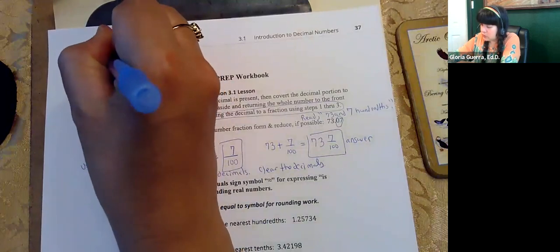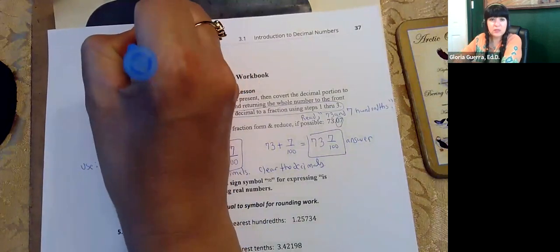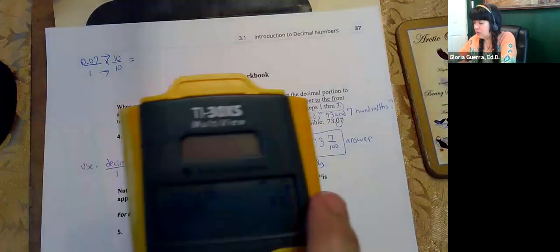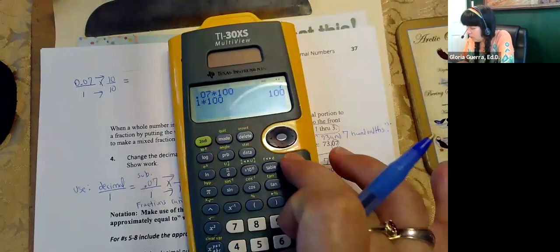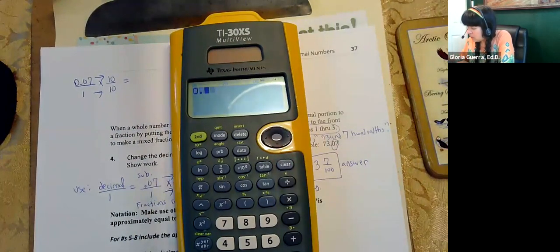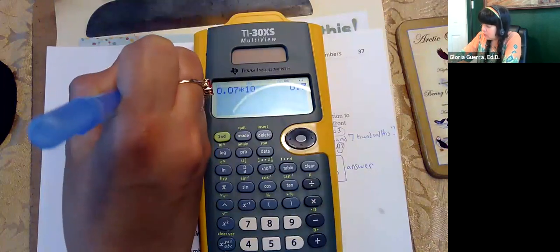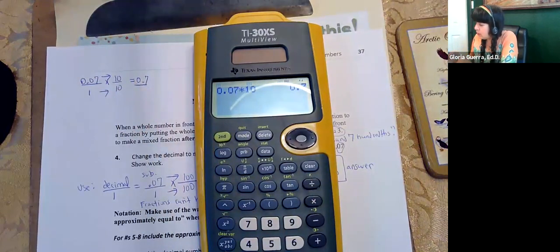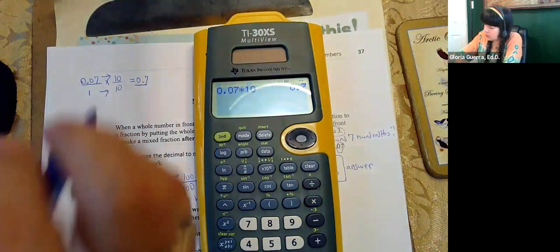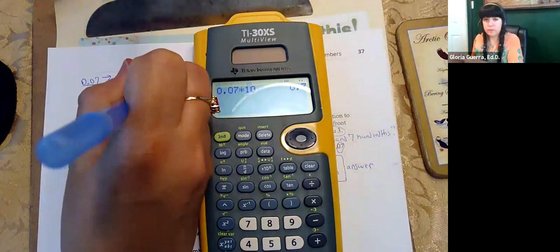Let's say you chose 10 over 10. You'll see that doesn't do the trick. That doesn't clear your fraction. 0.07 times 10 is 0.7, and 1 times 10 is 10.